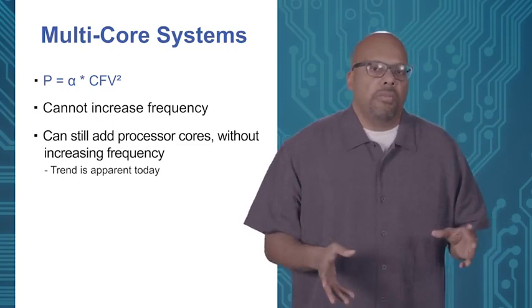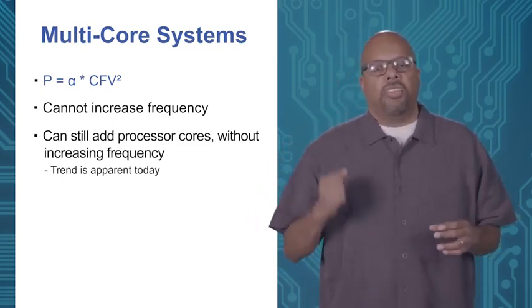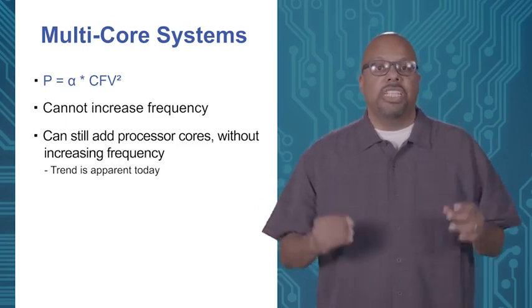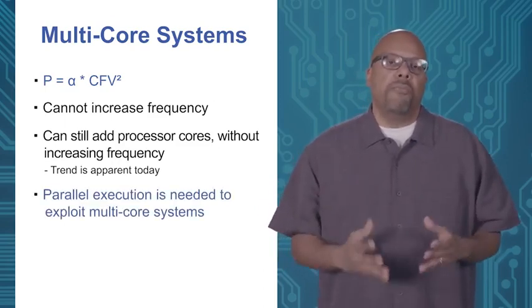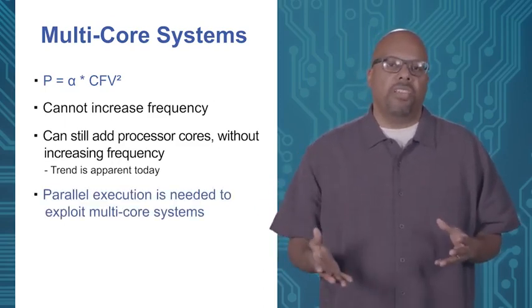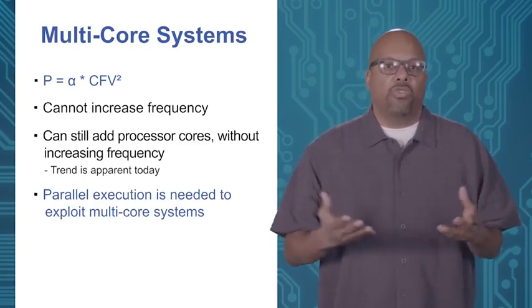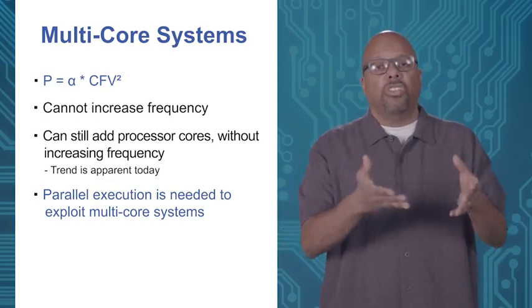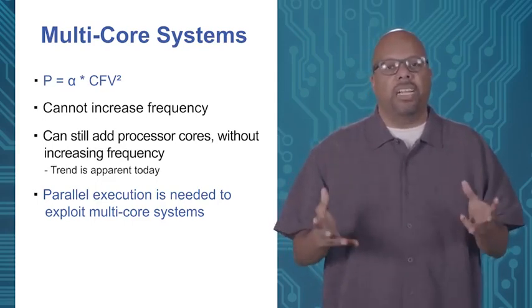Now, the thing about having a multi-core system, having lots of cores, is that you have to have parallel or concurrent execution to exploit it. If you have 4 cores in your processor and you can't run anything in parallel, then what's the point of having 4 cores? You're using 1 core and the other 3 cores are sitting idle.